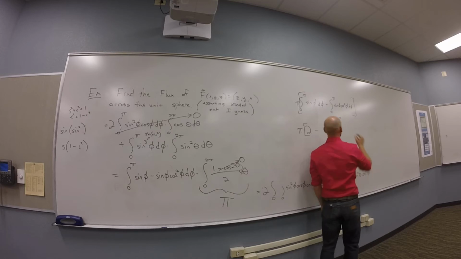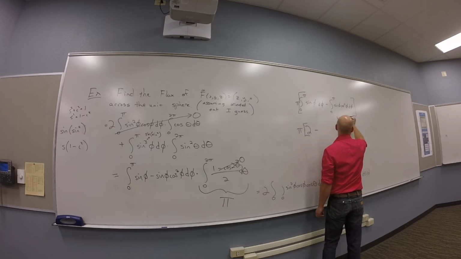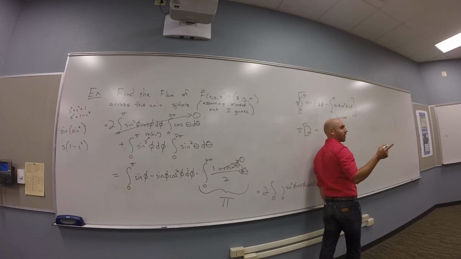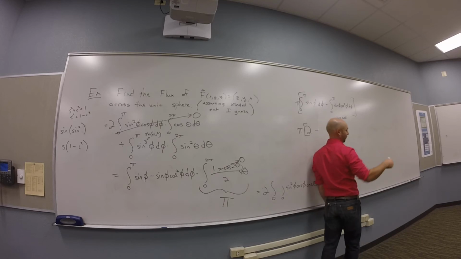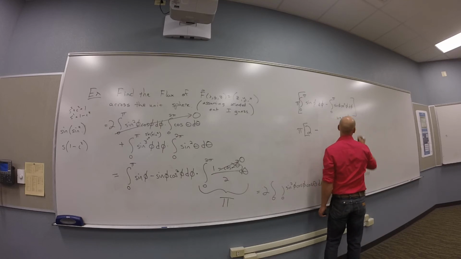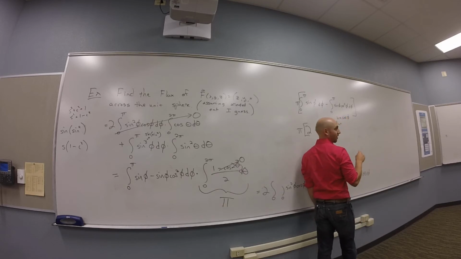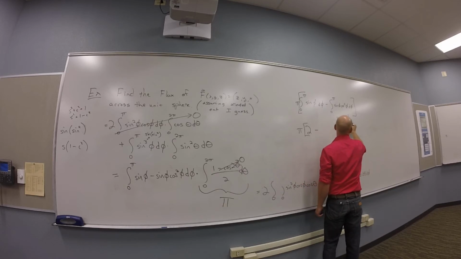Your u is cosine squared. No, don't do cosine squared, because then you'll get a 2 cosine sine, plus or minus something. So you want u as cosine phi, so du then is negative sine phi d phi.